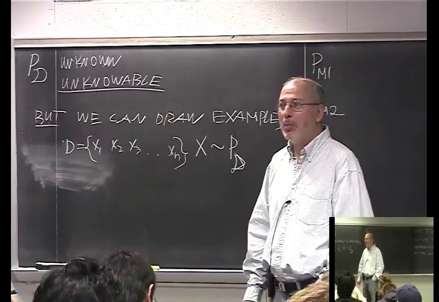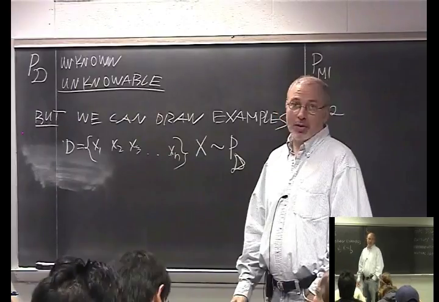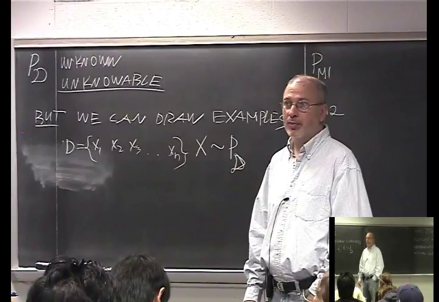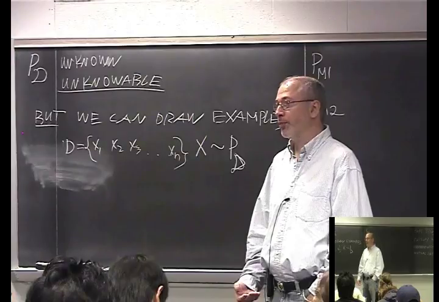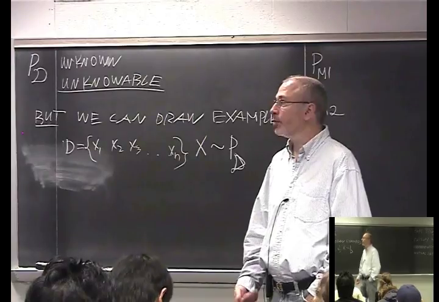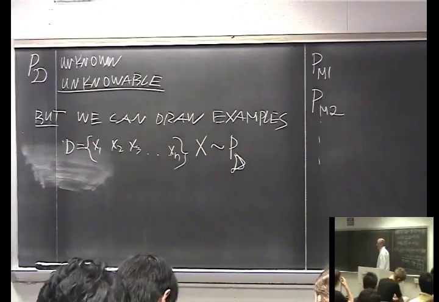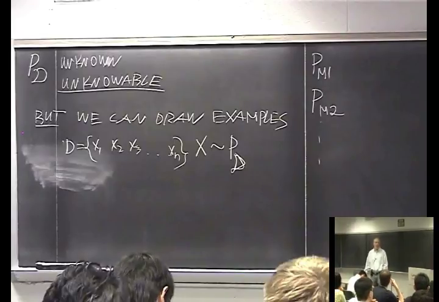But we can ask, who's the closest? What do we mean by that? Who has the least surprise? That would be probability measure. Okay, that would be one way of defining closest. Who is the least surprised?